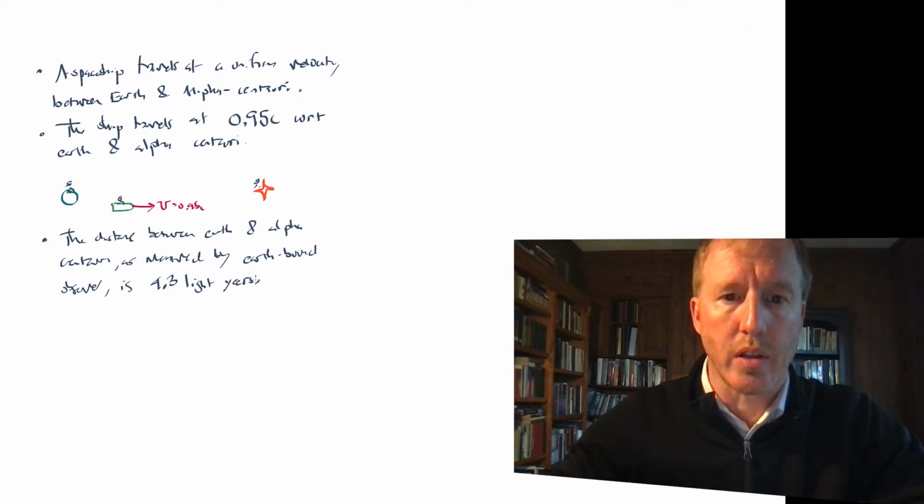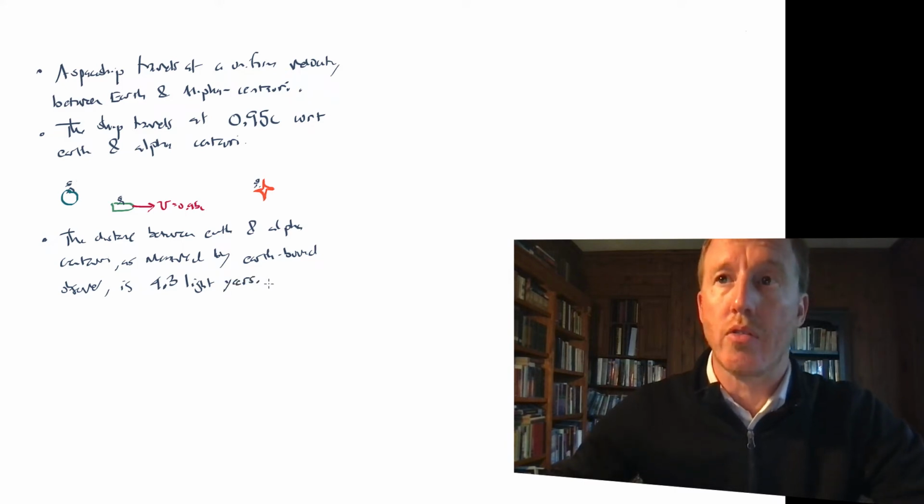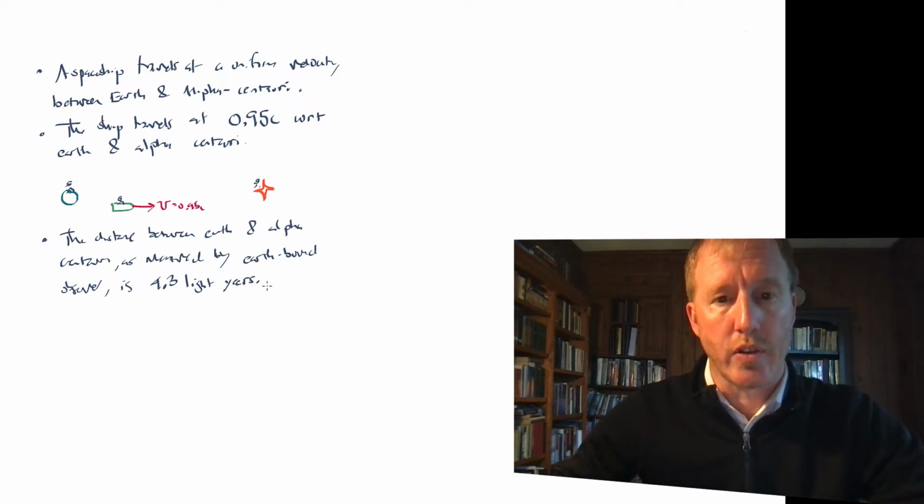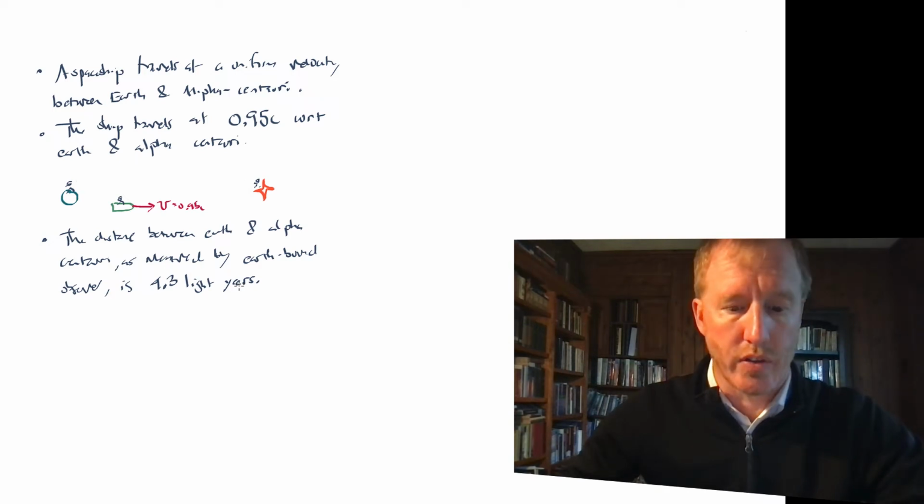If you're not familiar with a light year, it's a measure of distance. It's basically how far light will travel in 1 year. So if you shoot a light beam from Earth to Alpha-Centauri, it would take 4.3 years for the light to get there, as measured by the people on the Earth and on Alpha-Centauri.